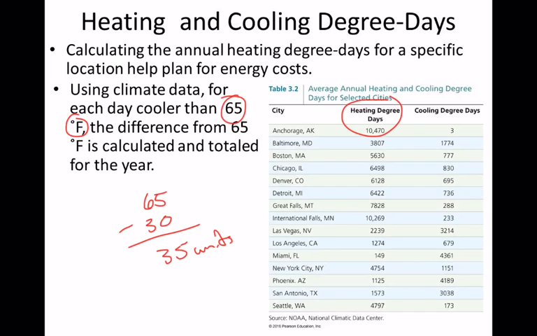That's climate data. And they would do that for each day of the year, 365 days. Well, actually, I guess it would just be in the wintertime, for turning your heater on.